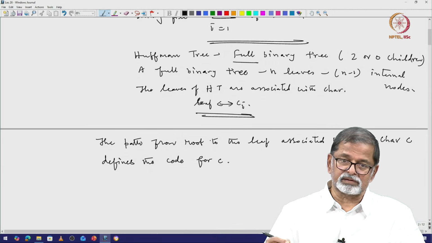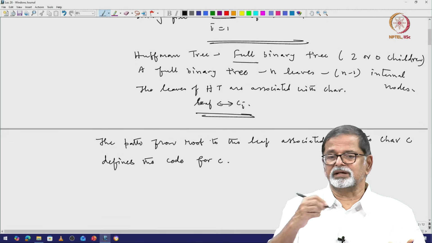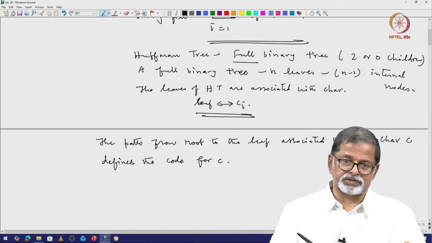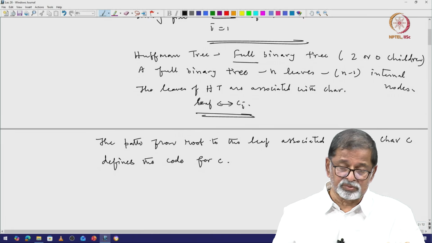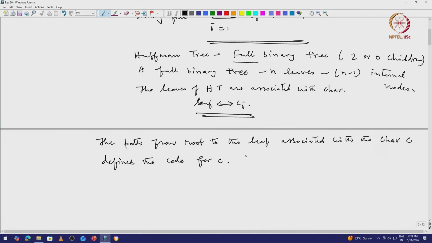The path from the root to the leaf is made up of right child and left child walks. Anything going to the left, we associate 0, and anything going to the right, we associate 1.